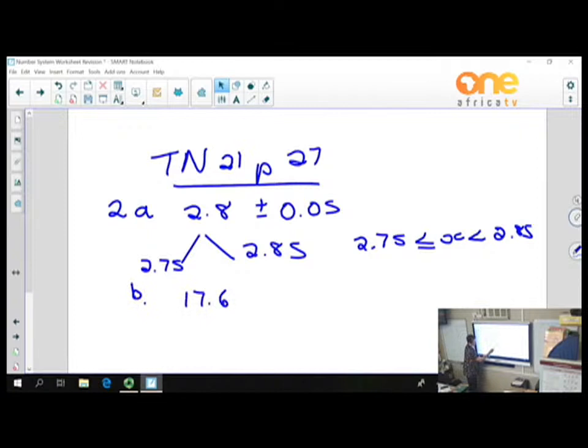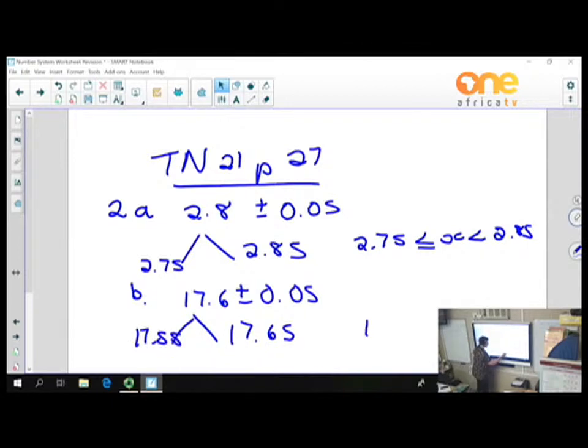Right, number B. 17.6. So it will again be plus or minus 0.05. So the upper and the lower bound is 17.65 and 17.55. So your inequality 17.55 is less than or equal to x is less than 17.65.